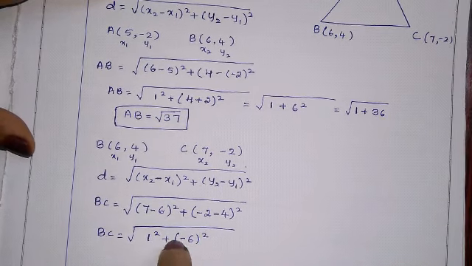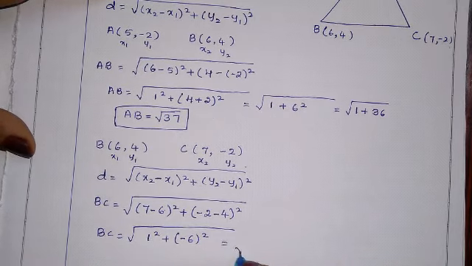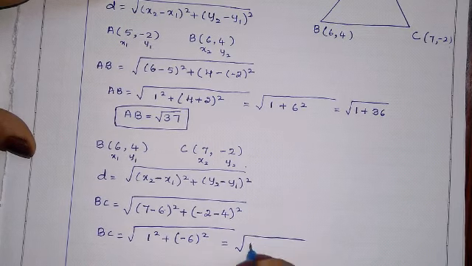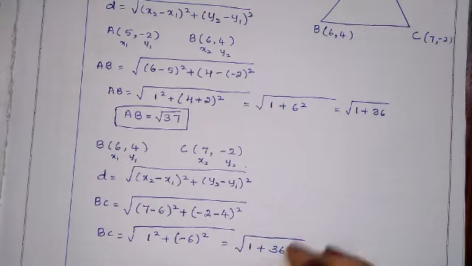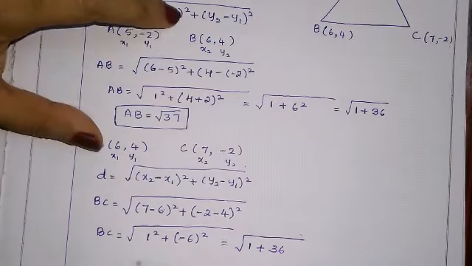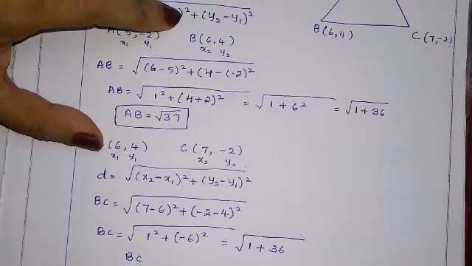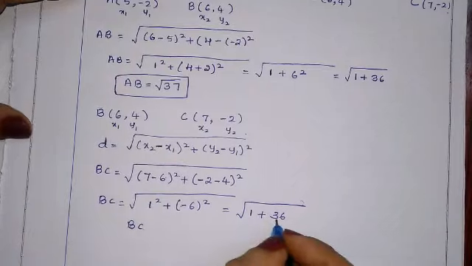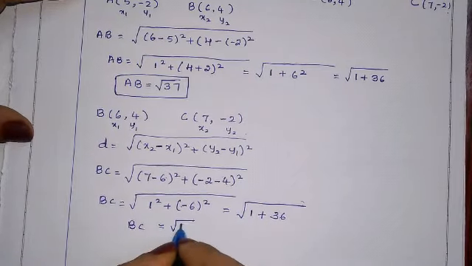I have told you a negative number squared is always positive. So 1 square is 1 plus 36, BC is nothing but root 37.